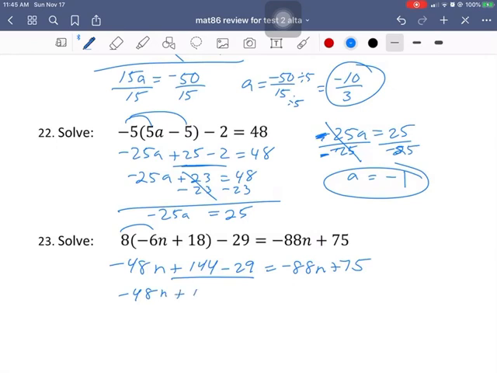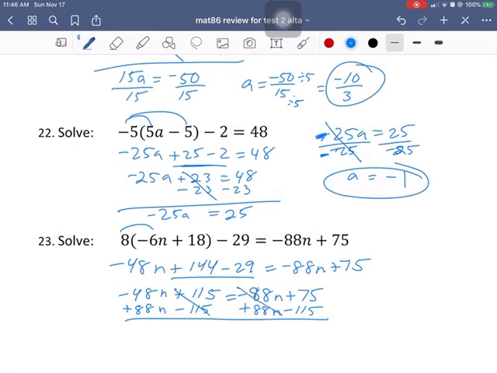Negative 48n plus 115 equals negative 88n plus 75. All right, so this variable term goes this way. This constant term goes this way, or number, right? Numbers on one side, variables on the other side.